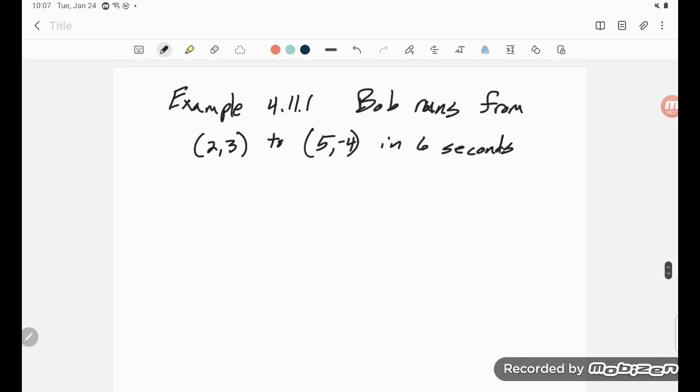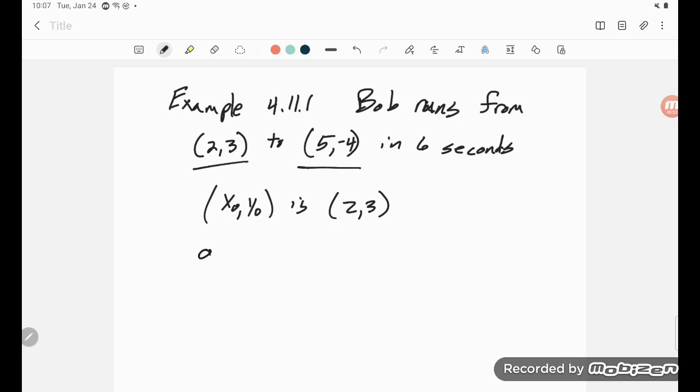Now it says find his equation of motion. The interesting thing here is they don't tell me what units those are, so I don't know. But we start at 2, 3, so that's the x0, y0.